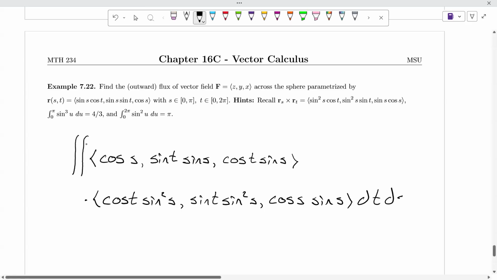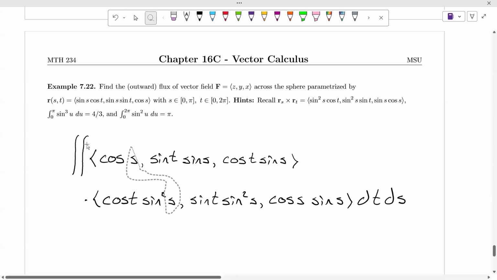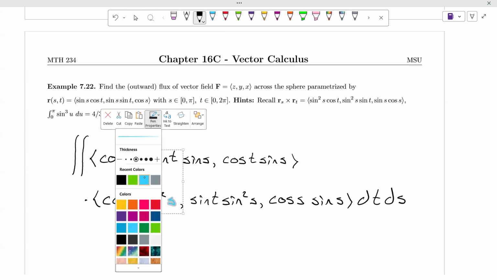Slap a dt, ds on the end there, and then I'm going to come through and highlight all my angles just to be clear about what's what.